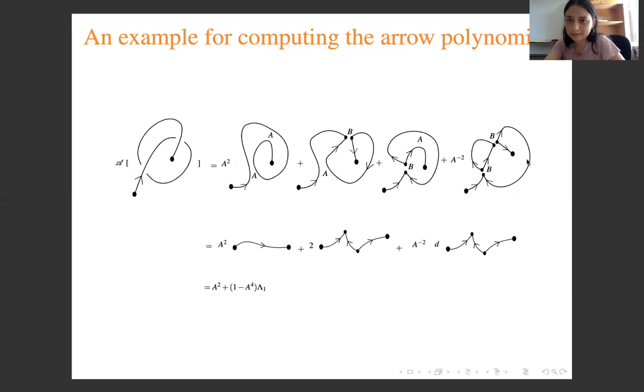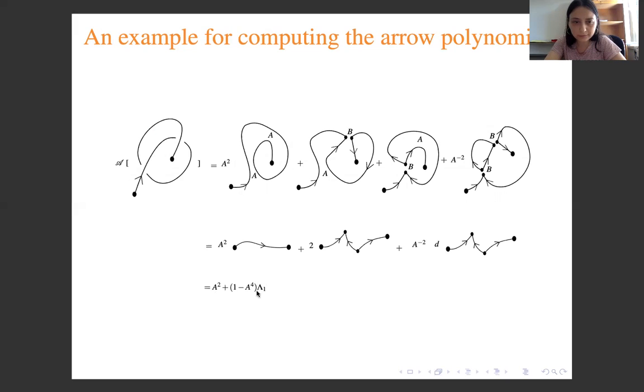So we keep this long segment component as the variable lambda 1. But we have the circular one with cusps whose insides are lying in the same planar region. So we record this as the loop value, D. And when I sum this up, I obtain the arrow polynomial here.